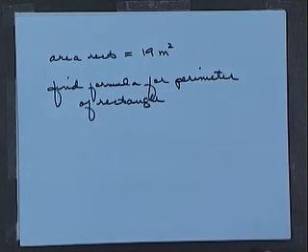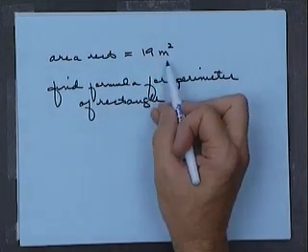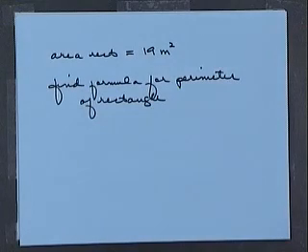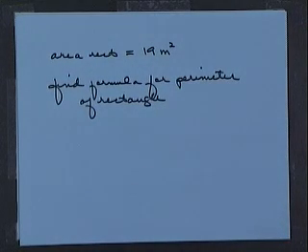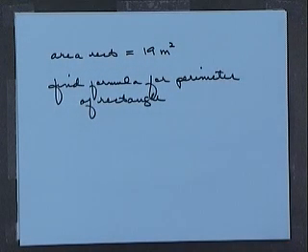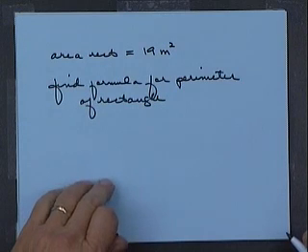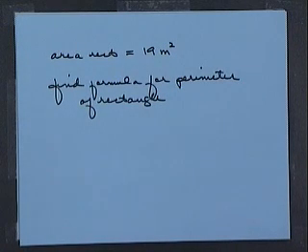I don't remember exactly what it said. It just said find the formula of the perimeter. Okay. We may use other letters here, since you don't really have it with you.